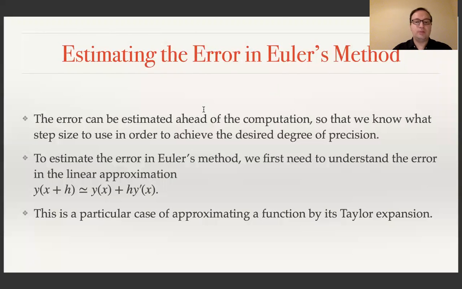So let's try to estimate the error in Euler's method in order to see what step size we have to use in order to get the error no bigger than an acceptable margin of error.